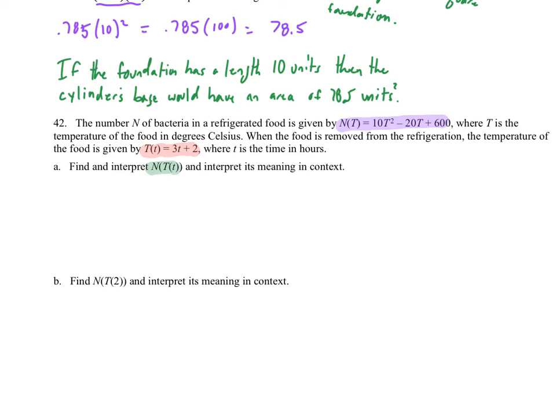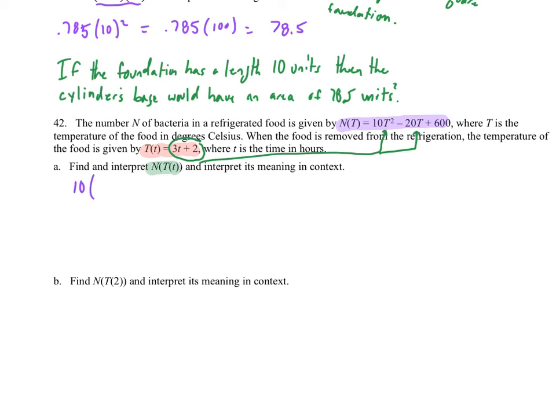Notice that the N is on the outside, so that means we should be plugging this other function into N. It's going to take the place of the big T's here. So it does have to go into both places where there's a T. I said the math on this problem is more difficult than the math on the other one, and again, it's more difficult than you really need to be worried about. We're just going to do it to get some practice.